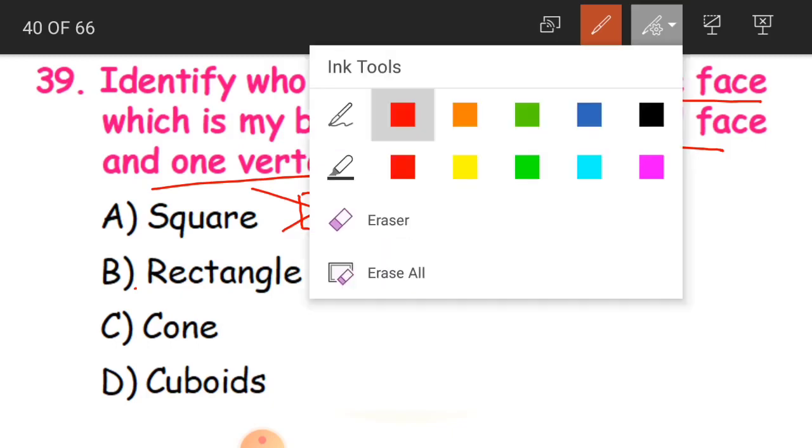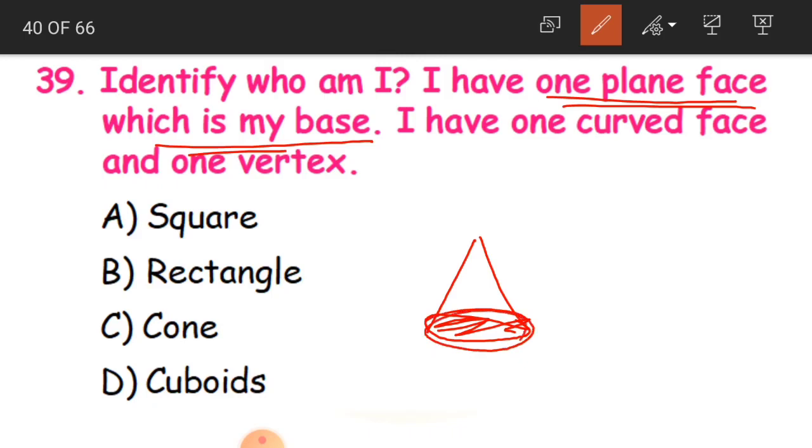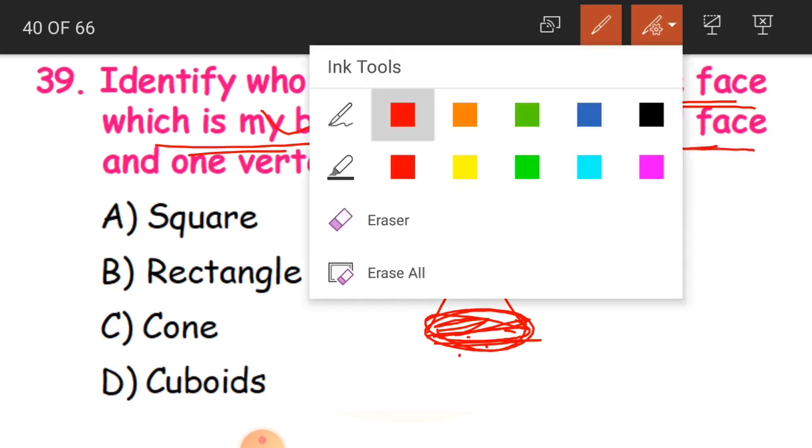Now coming to option C, cone. This is the shape of a cone. Let us see, does it have one plane face? Yes, it has one plane face, which is my base. Here base means what? Which is at the bottom. So cone has a plane face as its base. It is correct. Now coming to the second condition, I have one curved face.